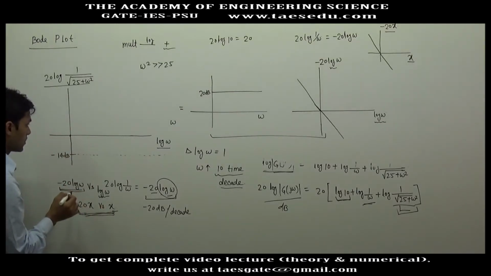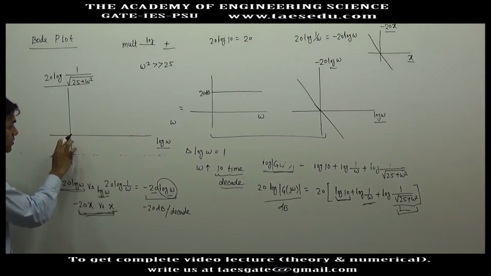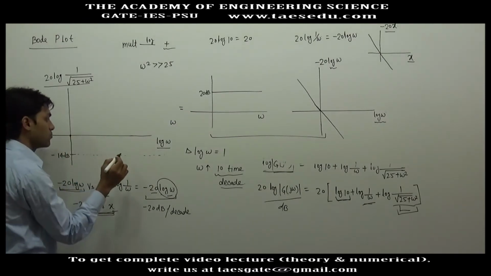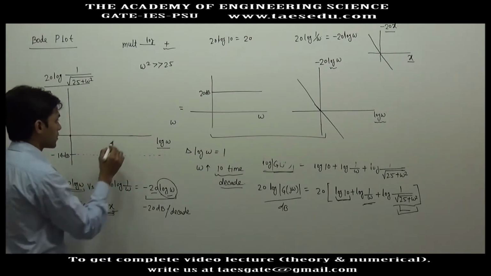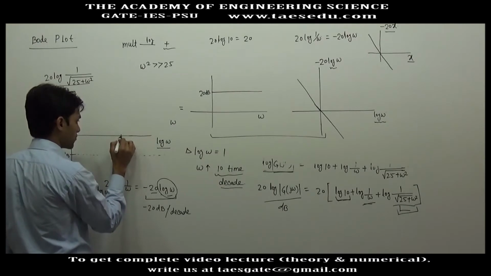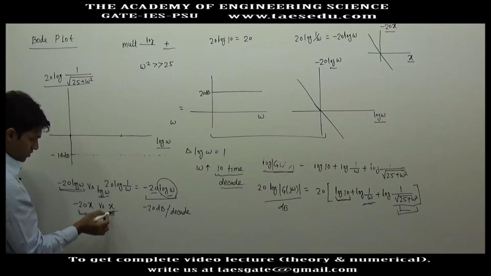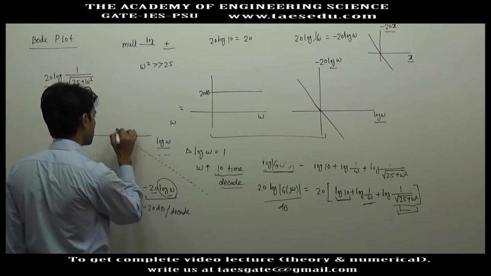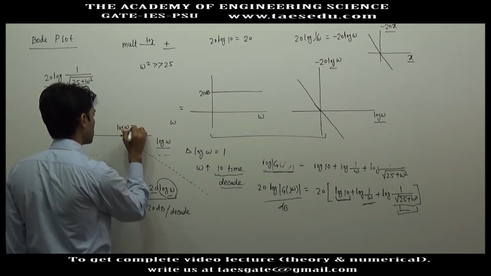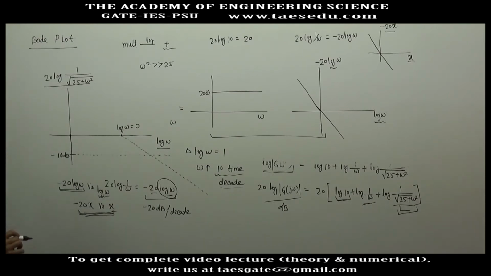But in a Bode plot, it is not necessary that we take log omega equal to 0 at this point only. On the x-axis, at any point, depending upon convenience, you can take log omega equal to 0. Let's say here log omega equal to 0, or omega is equal to 1 radian per second. So this graph will pass through this point.